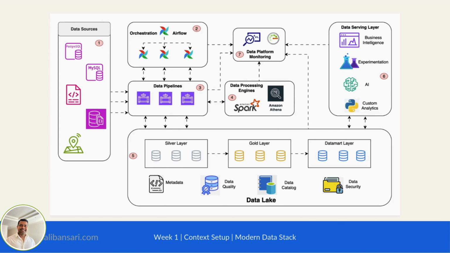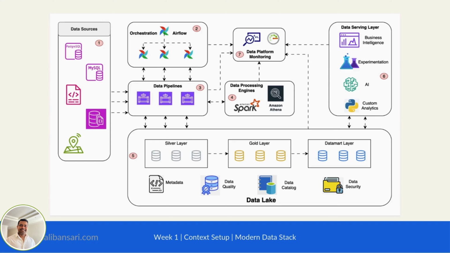So, there is data collection and storage. Data is pulled from different sources and stored in scalable systems like a data lake. These systems can handle both structured and unstructured data. Data processing: tools like Apache Spark or Apache Trino are used to clean and transform raw data into meaningful information.